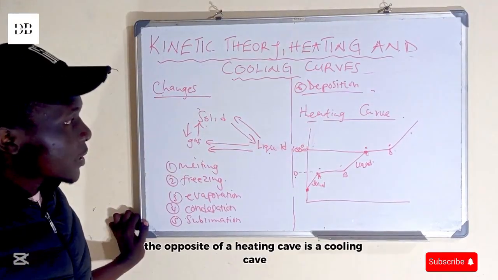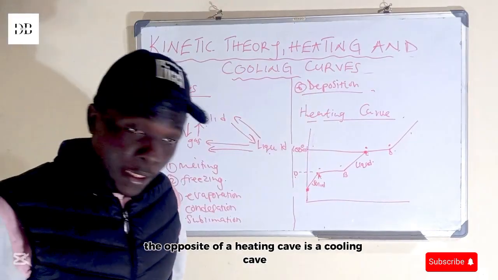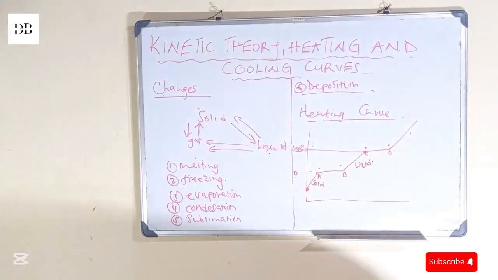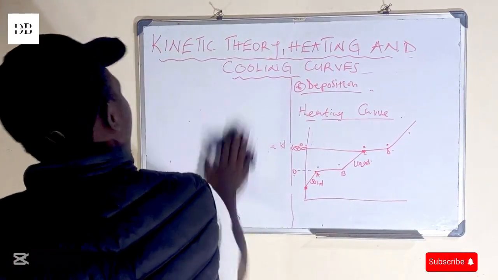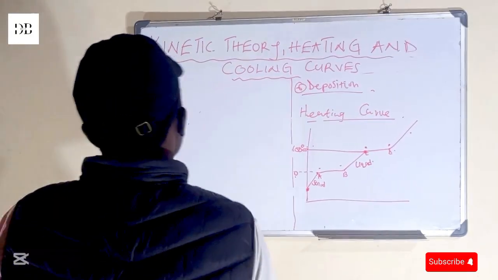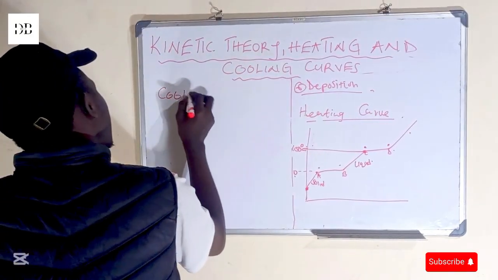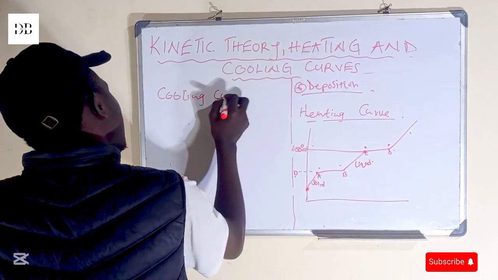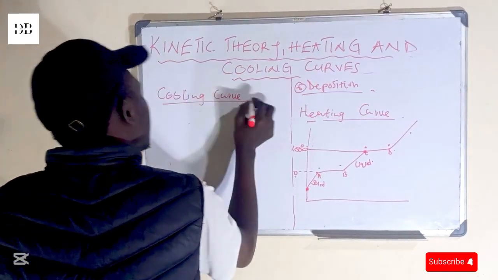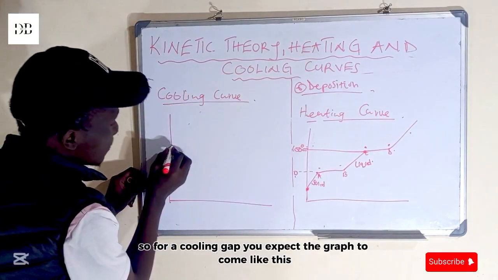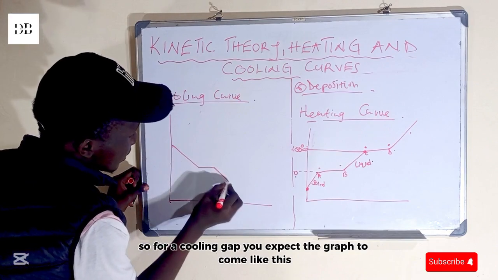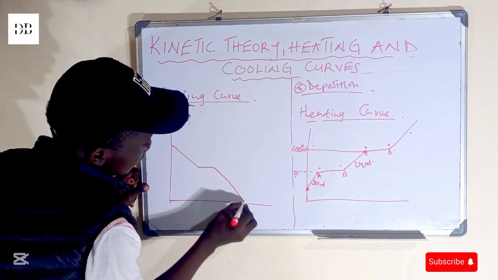The opposite of a heating curve is a cooling curve. For a cooling curve, you expect the graph to come down like this. Why?